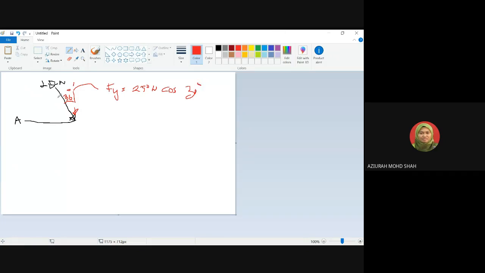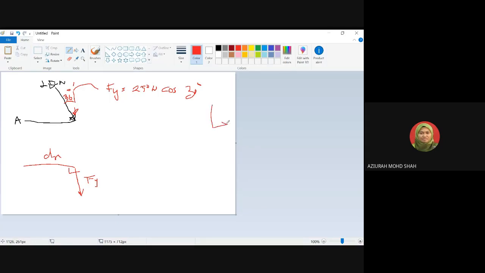Okay. Right. So when we separate, saya bawa Fy dia ke bawah. Can you see the angle 90 between D and also your Fy? Now your D, it become dx lah. Kenapa?